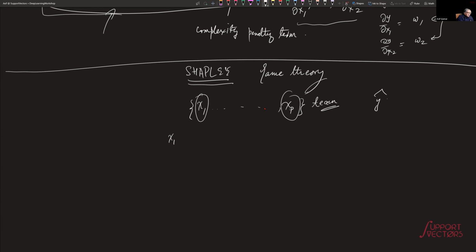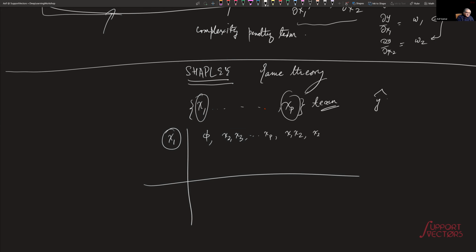Suppose you're looking at X1. What you do is you exclude X1 and you create every possible coalition. You can create a coalition of the empty set, coalitions of just X2, X3, all the way to XP, single players, then pairwise combinations, pairs, then 3-wise combinations, 4-wise combinations, and so forth.